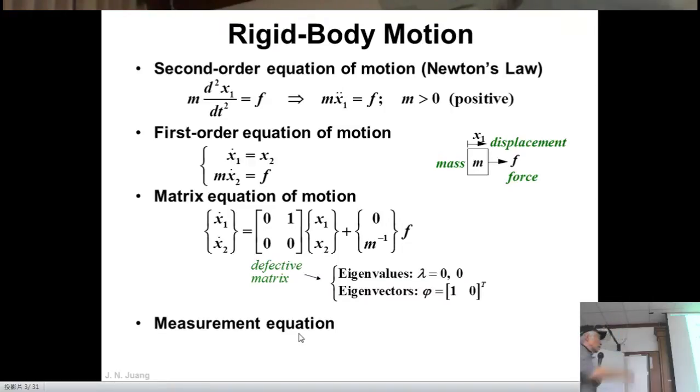The matrix 0, 1, 0, 0, this kind of defective matrix, they are always short of eigenvectors. What does that mean? That means 0, 1, 0, 0 is the simplest matrix form you can ever write for these motions.